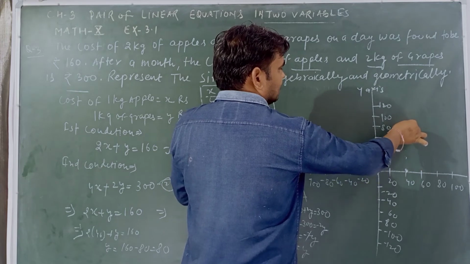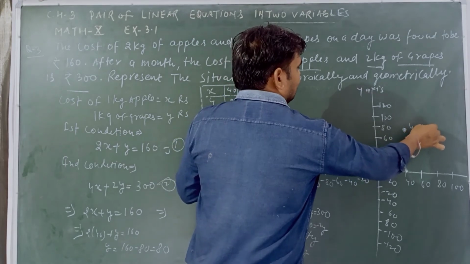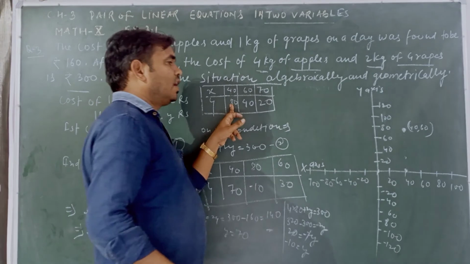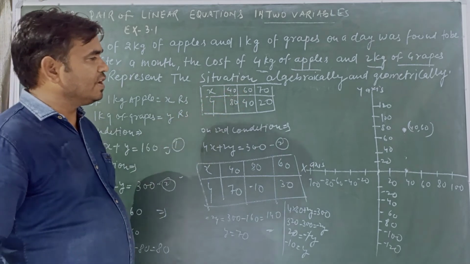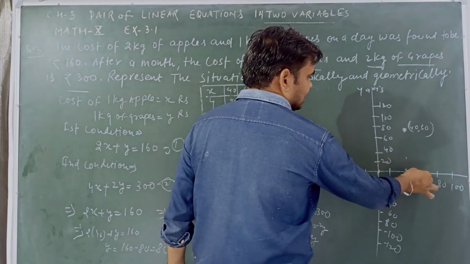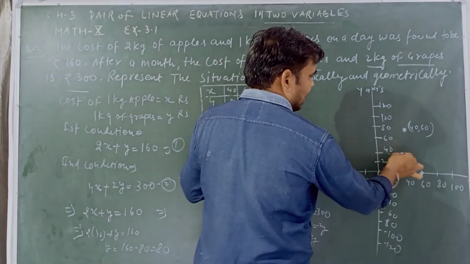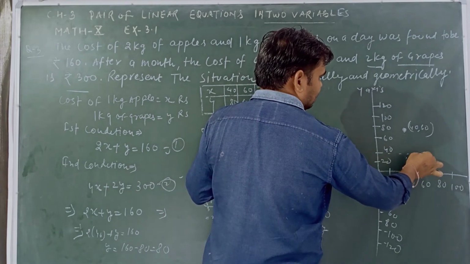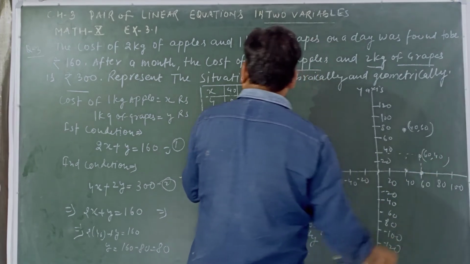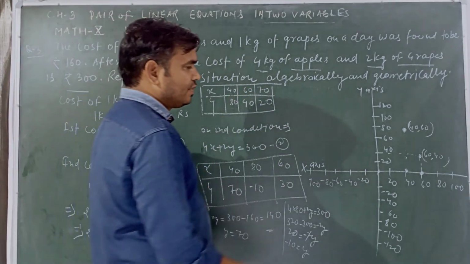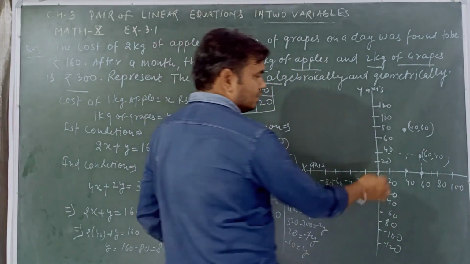So we get this point, 40 and 80. Now 60 and 40: on the x-axis this is 60 and the y is 40. Then x-axis 70 and y-axis 20.